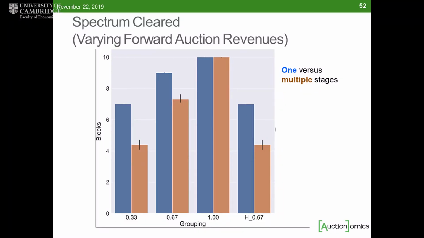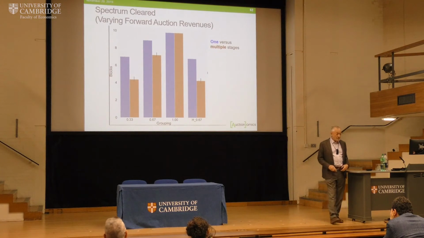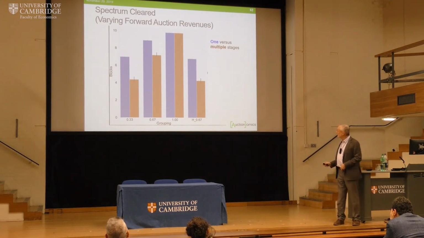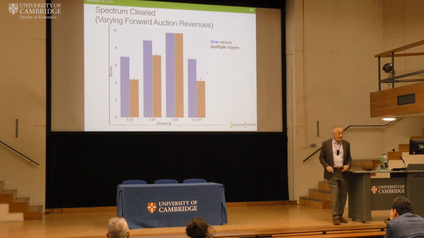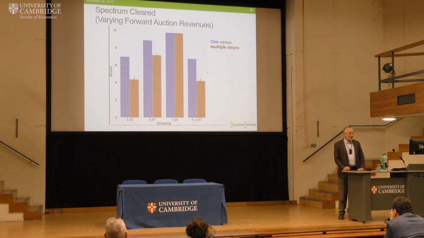In terms of spectrum cleared, here we had to vary the values that the buyers had, and we varied them from 1/3 to 2/3 to the full amount. I won't bother telling you about this one here, but we had to vary the values that the buyers had to see how much spectrum, how many stations might actually be cleared.